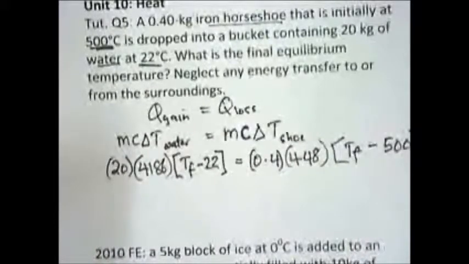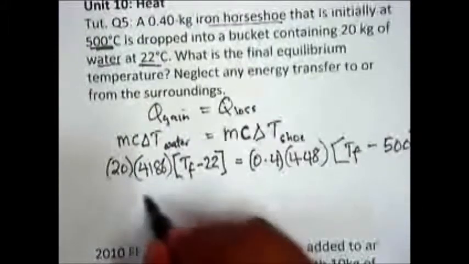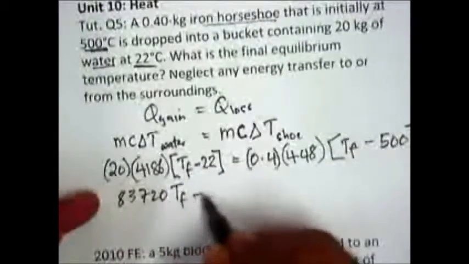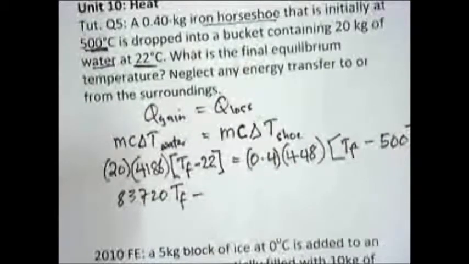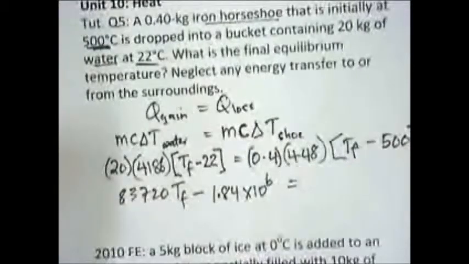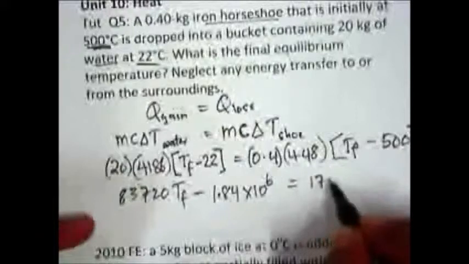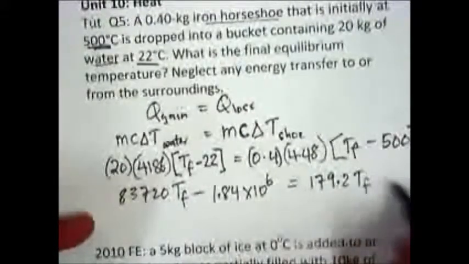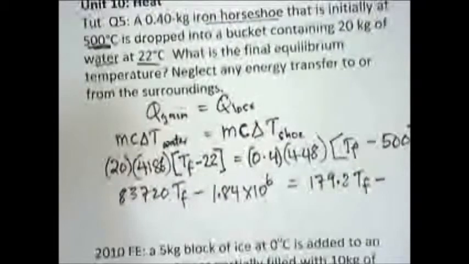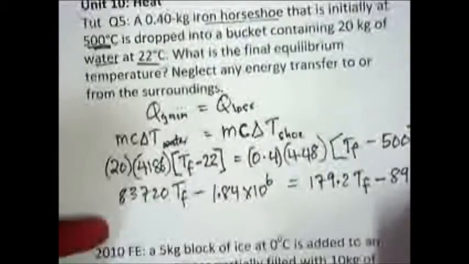So you'll have 20 times 4186, which is 83,720 TF, minus 1.84 times 10 to the power 6, is equal to 0.4 kg multiplied by 448, which gives you 179.2 TF, minus 89,600.